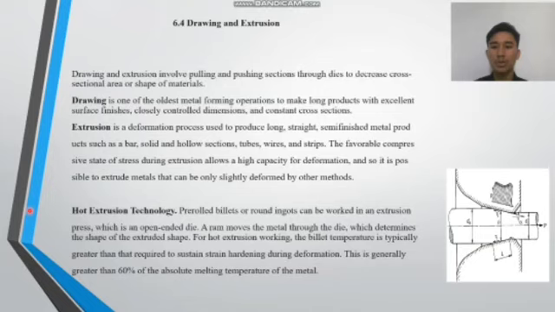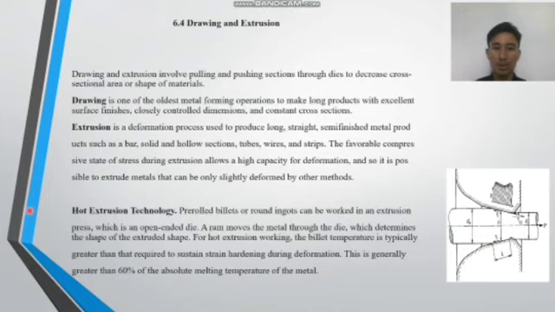Drawing is one of the oldest metal forming operations to make long products with excellent surface finishes, closely controlled dimensions and constant cross sections. Extrusion is a deformation process used to produce long, straight semi-finished metal products such as bar, solid and hollow sections, tubes, wires, and strips.